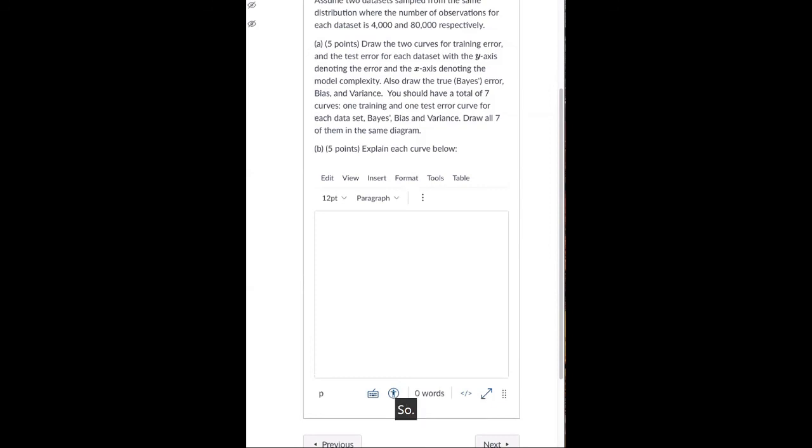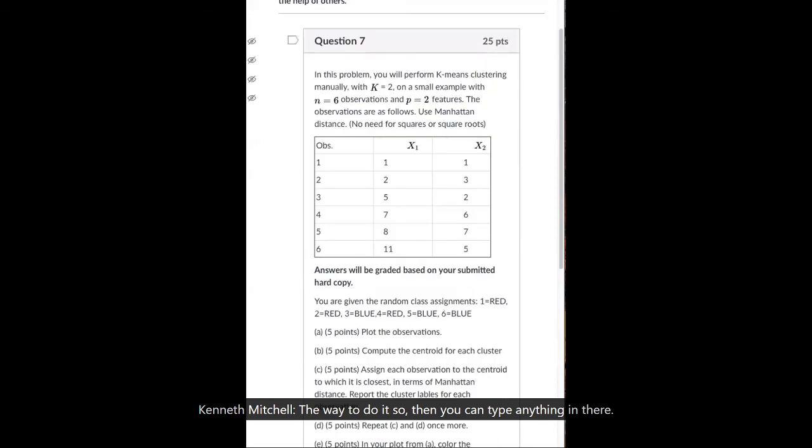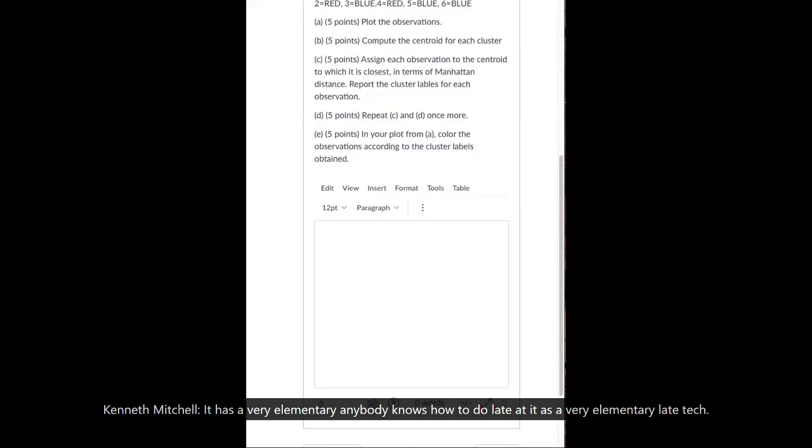Any questions? After all this, I think this is probably the way to do it. So you can type anything in there. If it has equations or something like that which you can't really type in, it has a very elementary LaTeX, if anybody knows how to do LaTeX.